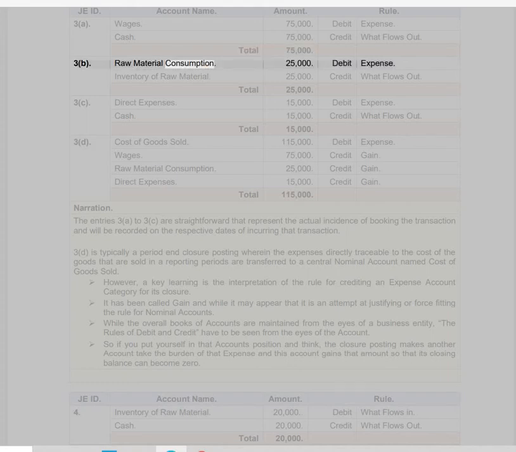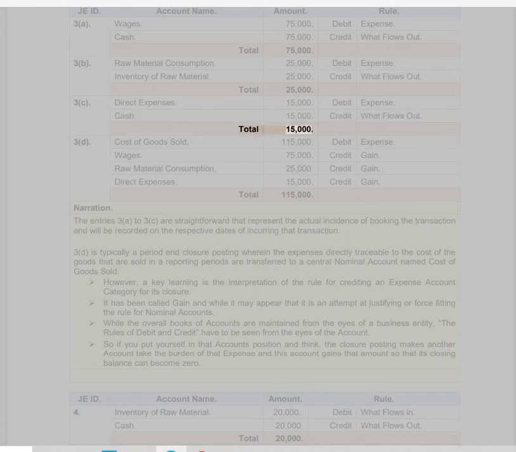Raw material consumption, 25,000, debit expense. Inventory of raw material, 25,000, credit what flows out. Total 25,000. 3C. Direct expenses, 15,000, debit expense. Cash, 15,000, credit what flows out.